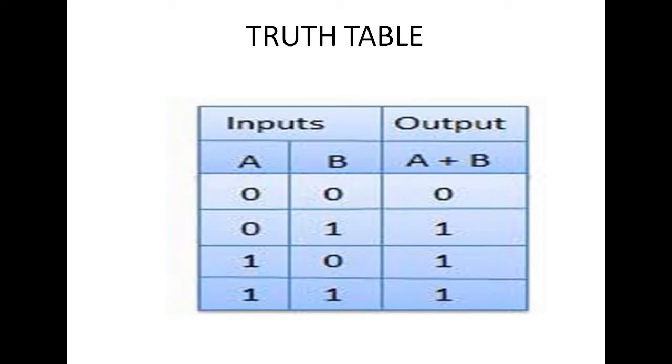Or you can say that it is the addition. 0 plus 0 is 0, 0 plus 1 is 1, 1 plus 0 is 1, 1 plus 1 is 10, so the 0 is dropped and 1 is the output. So this is the truth table of your OR gate. If any input is 1, output is 1.